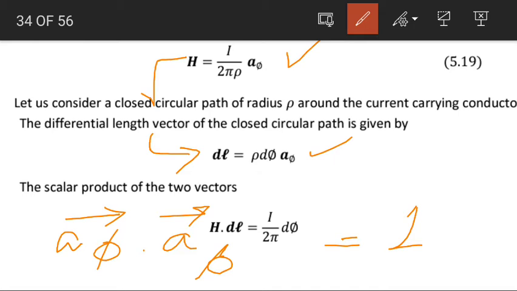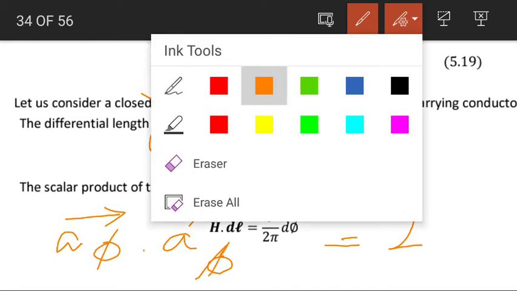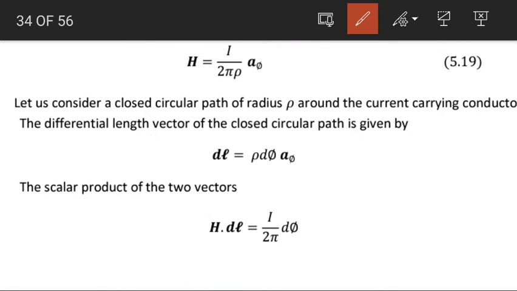So as a phi dot a phi is equal to 1, definitely H dot dl will be equal to I by 2 pi into d phi.